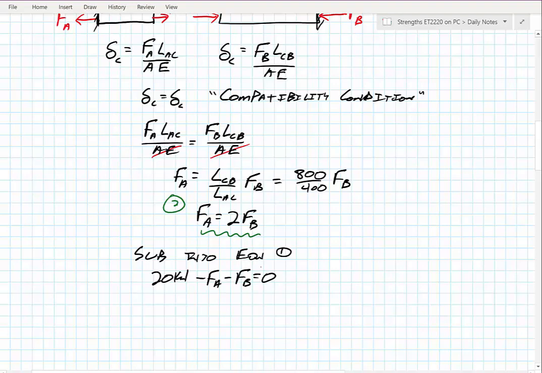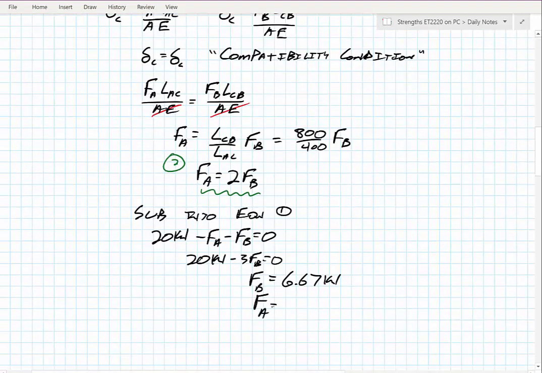Now I can say that 20 kilonewtons minus 3 FB is equal to 0, or FB is equal to 6.67 kilonewtons, and the reaction at A is twice the reaction at B, which is 13.33 kilonewtons.